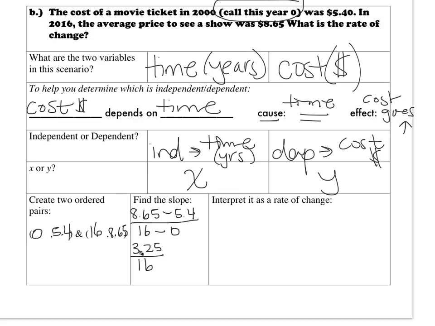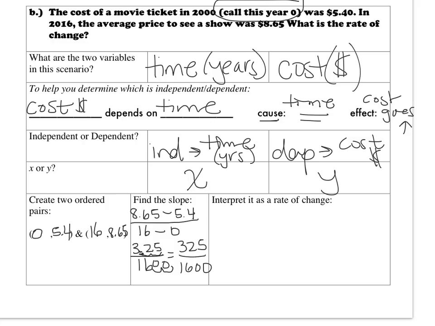There are two ways to do this. One way is to multiply the top and the bottom by 100, or slide the decimal point over 2 places. So I multiply the top by 100, and I have to multiply the bottom by 100, so I add 2 zeros. What I have here is the fraction 325 over 1600. That's a big fraction to reduce, but that's okay.